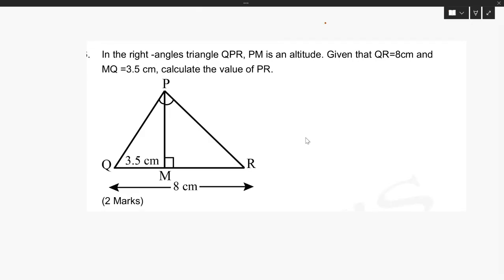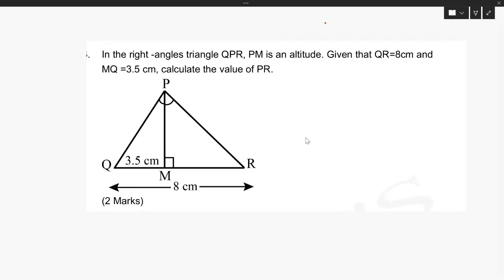Don't you think you have to prove these two triangles to be similar? Which two triangles are you looking at first? Tell me that. No, PQR and MPR.